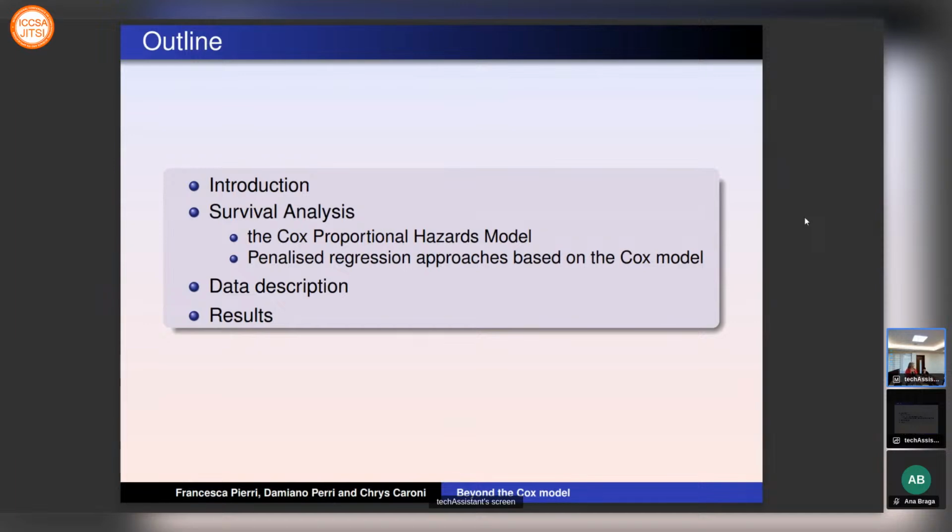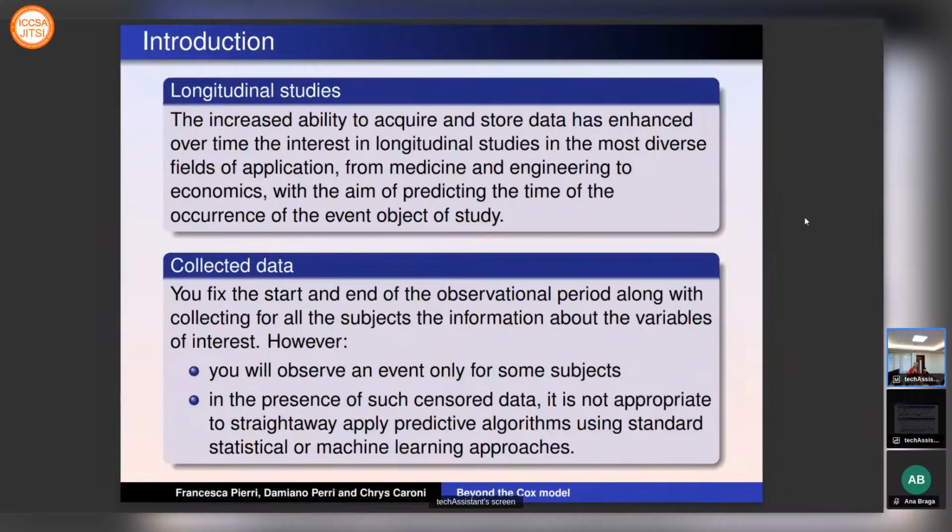During the last period, longitudinal data analysis has enhanced interest in medicine, engineering, and economics. The aim is to predict the time of occurrence of an event.